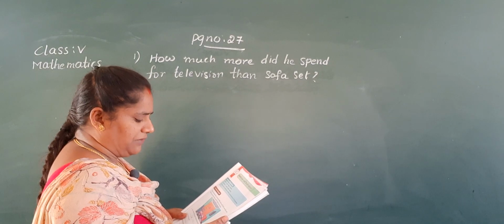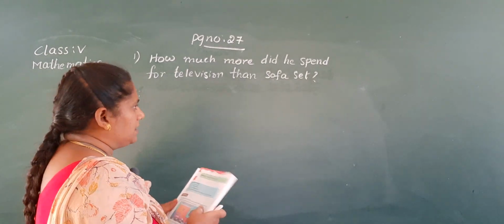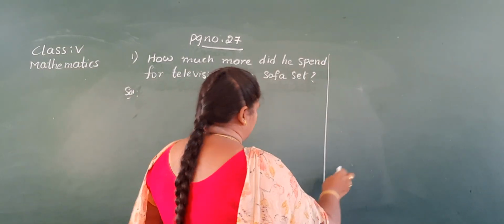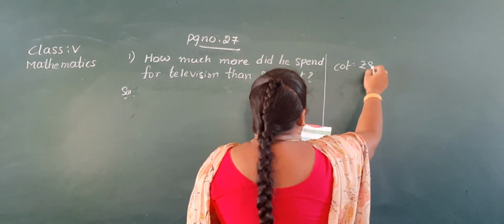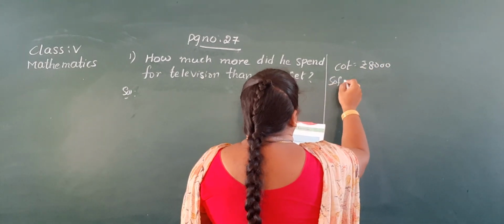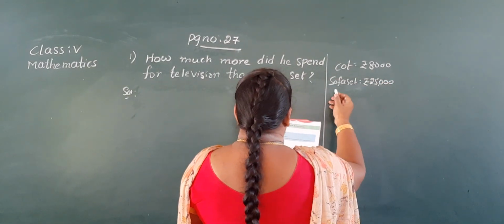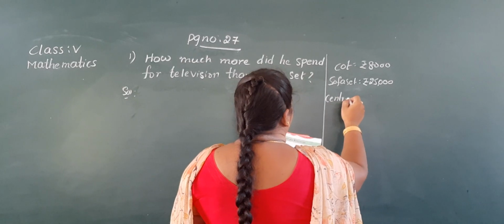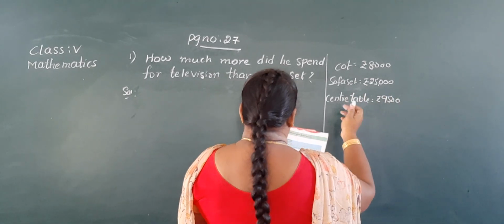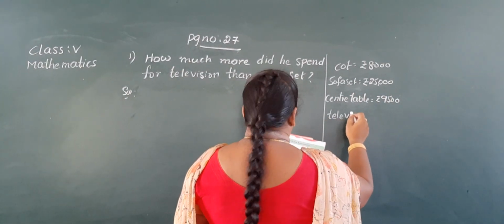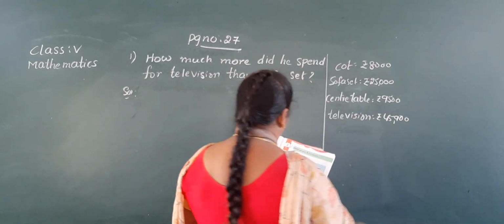Television is 45,900 rupees and sofa set is 25,000 rupees. I will write the cost of these items on the side. Cot 8,000 rupees, sofa 25,000 rupees, next center table 9,500 rupees, television 45,900 rupees. Total 4 items.